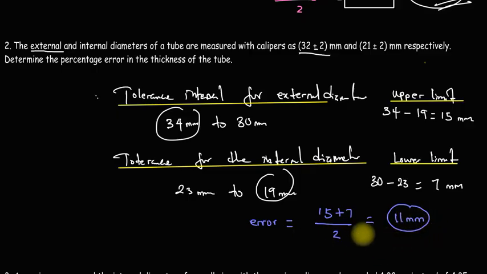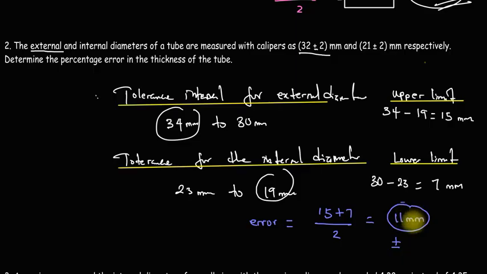Now that I've gotten 11 millimeters, this is actually the actual value. So the error deviation, plus or minus what value gives 7 millimeters and 15 millimeters when you subtract and add respectively?